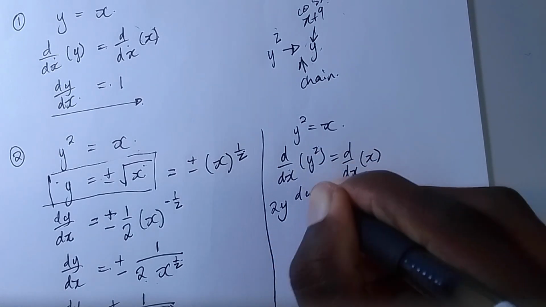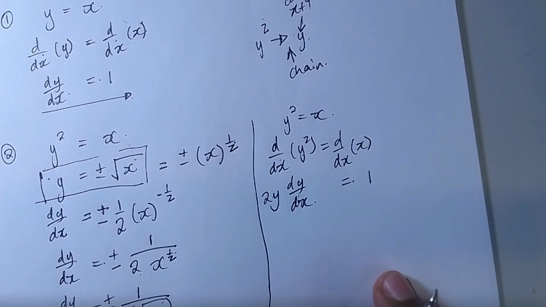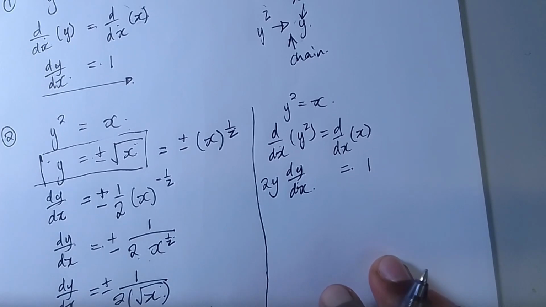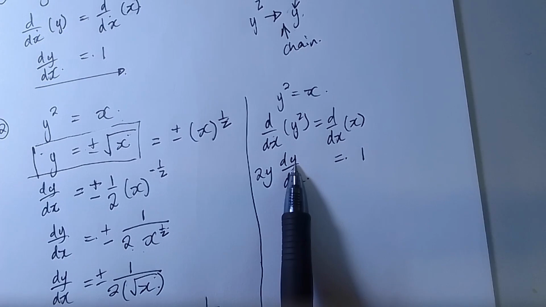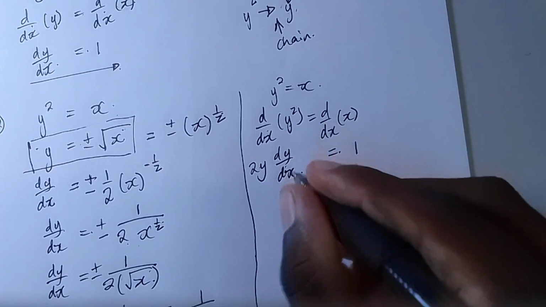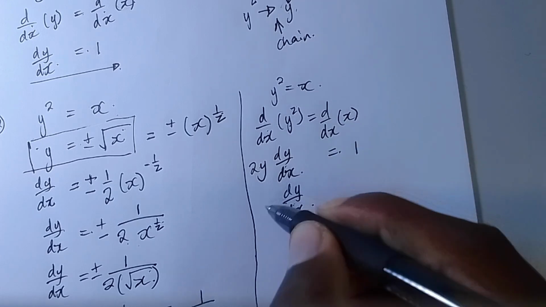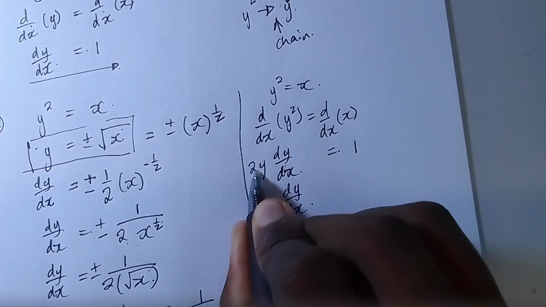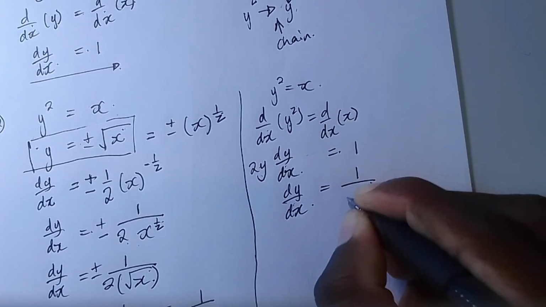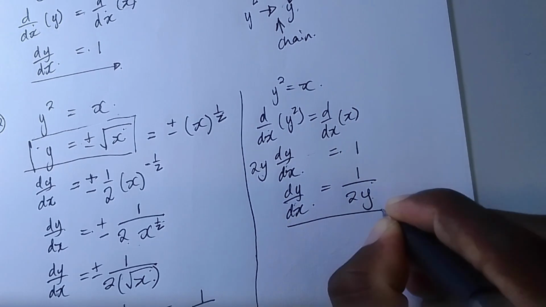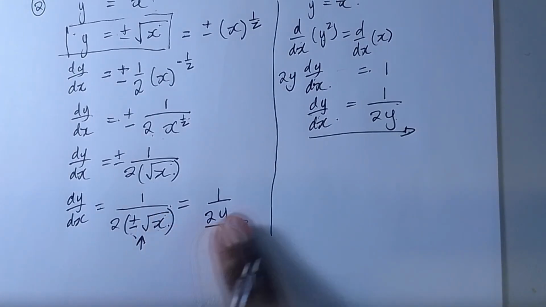That is dy/dx. Now let's make dy/dx the subject of the formula. You would just divide by 2y on both sides, and you'd have 1 over 2y, which is the same as the answer you got here.